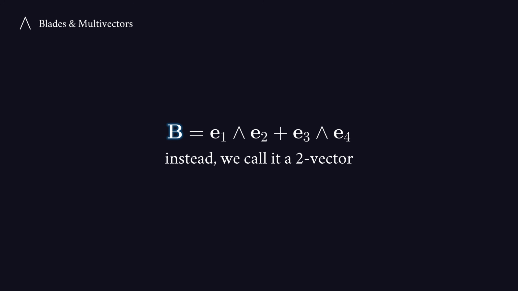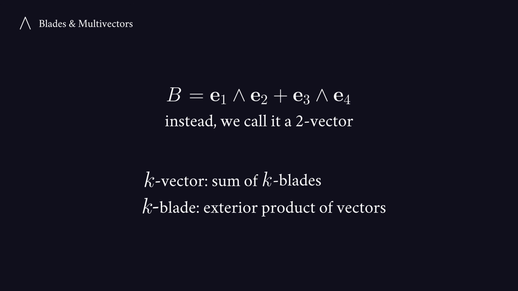And we denote it by changing the font a bit. So we're not using the bold face B now, we're using the italic B. So that's a bummer. K-blades are not closed under addition, but nonetheless we obtain an object, a so-called k-vector, in a graded algebra. And in this graded algebra we have k-vectors, which are sums of k-blades.